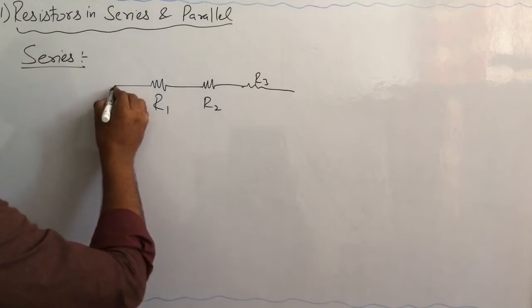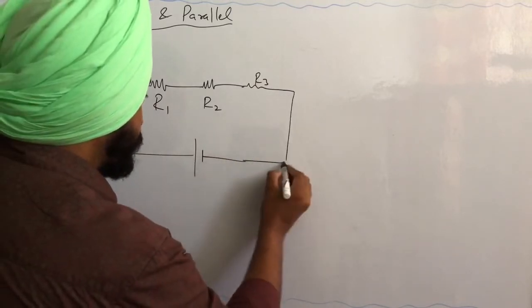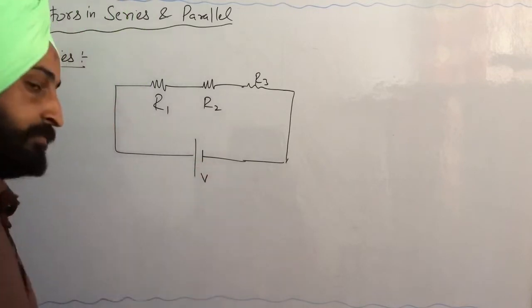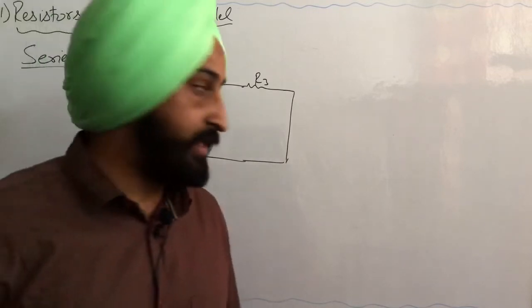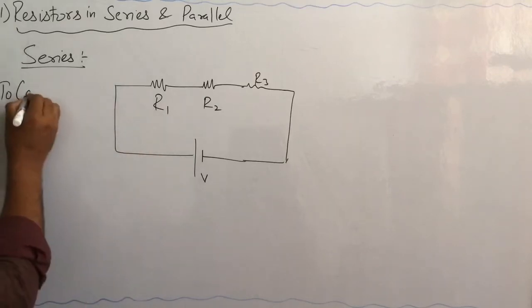Let us connect them with a source of potential. We are connecting it with a battery whose potential difference is V. So how to calculate the net equivalent resistance of this circuit?